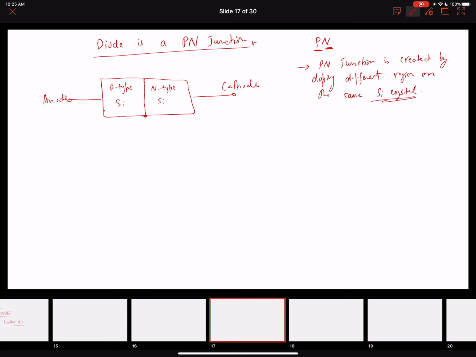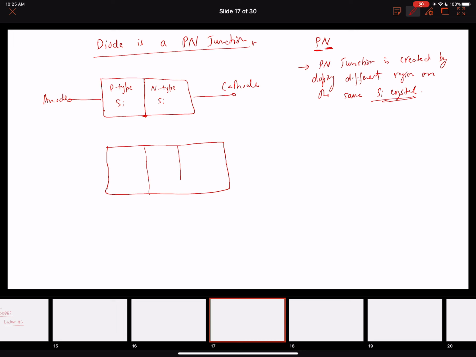We use the same silicon crystal and then dope p and n-type side by side on different regions of it. All right, so this is what a PN junction is. We have p-type and n-type on the sides.